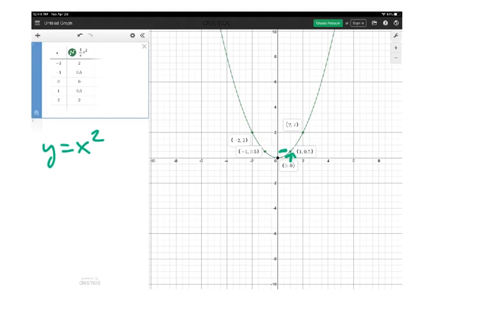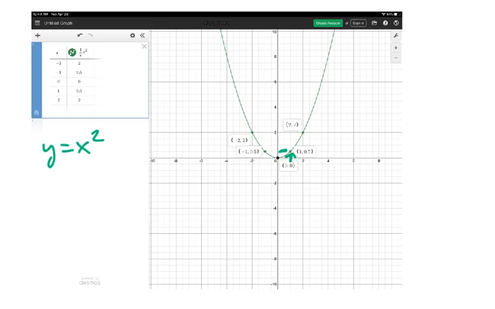So this is something else to realize, is that the bigger the number is in front of the function, what I really should be saying is the coefficient in front of the function, the larger the value is, the more narrow the graph is going to be. This is actually not even just true of quadratics, it's actually true of most functions. I like to say it hugs the y-axis more, the bigger the number is.